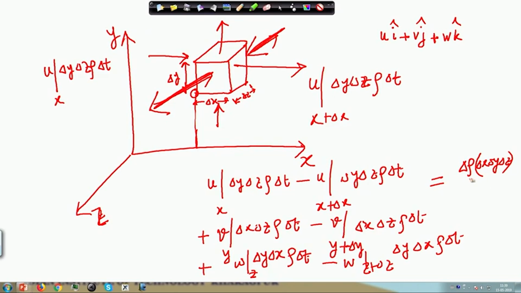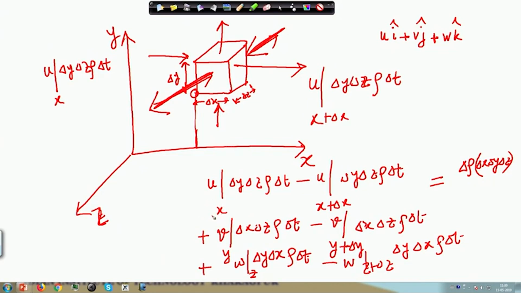So, this is how we look at it, and then if we divide by delta x, delta y, delta z, we will get the equation of what we refer to as continuity. Basically, if you divide by delta x, delta y, delta z, you can see the fate of this equation.